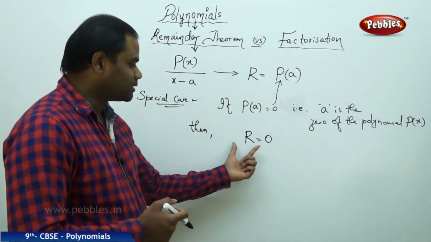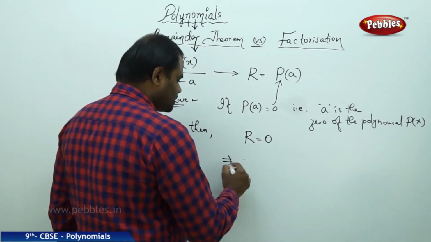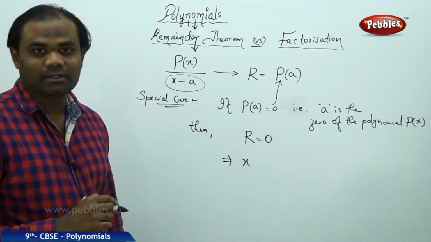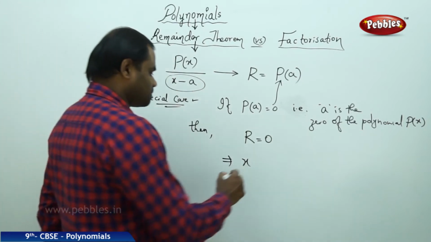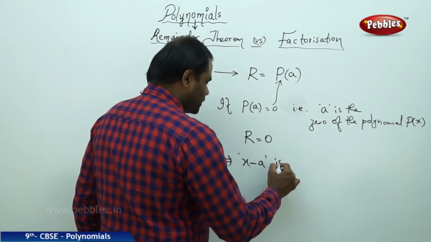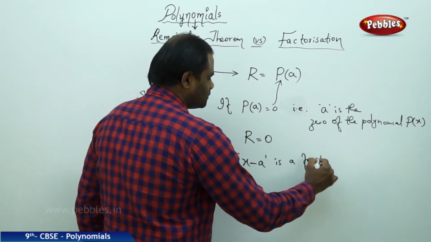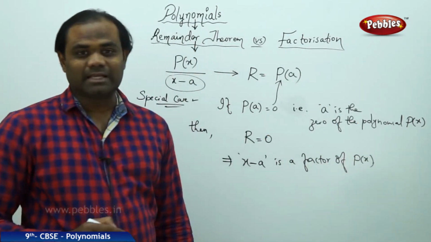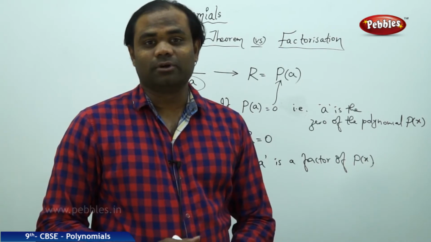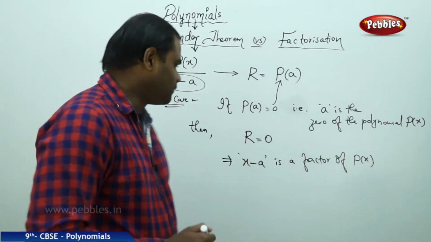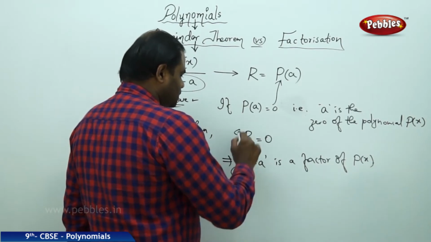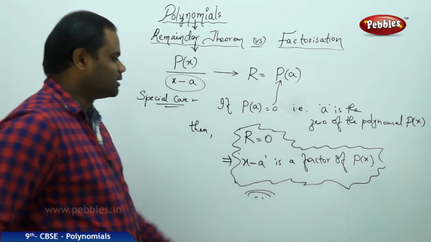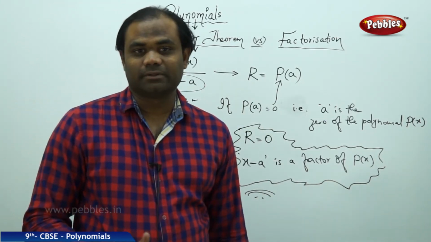So in the special case of the remainder theorem with remainder 0, that implies x minus a is a factor of p of x. It exactly divides the polynomial p of x. That is how I understand the factors connected with the remainder theorem.